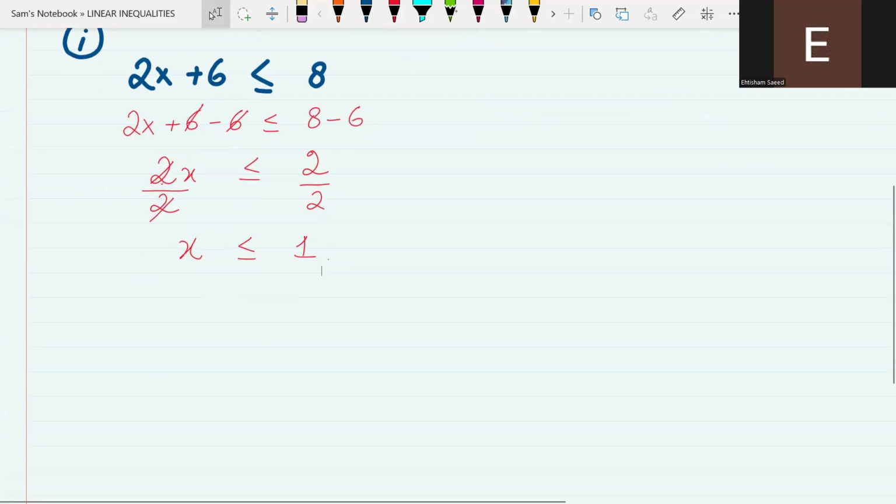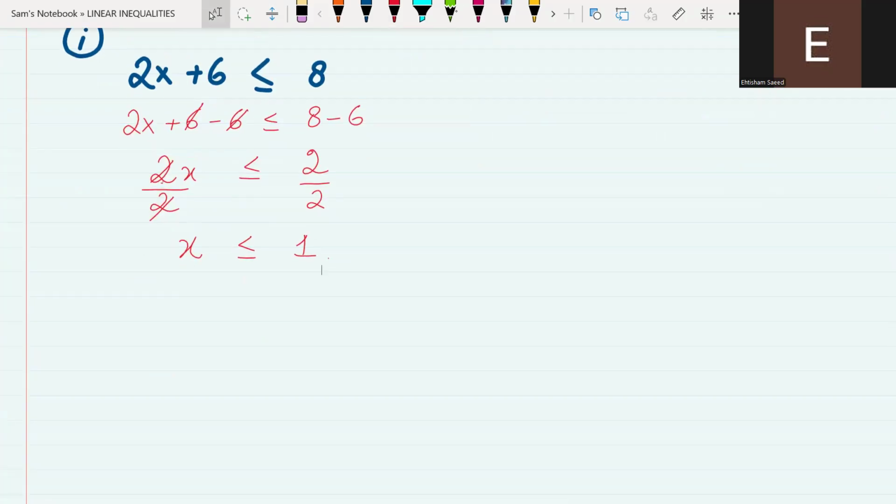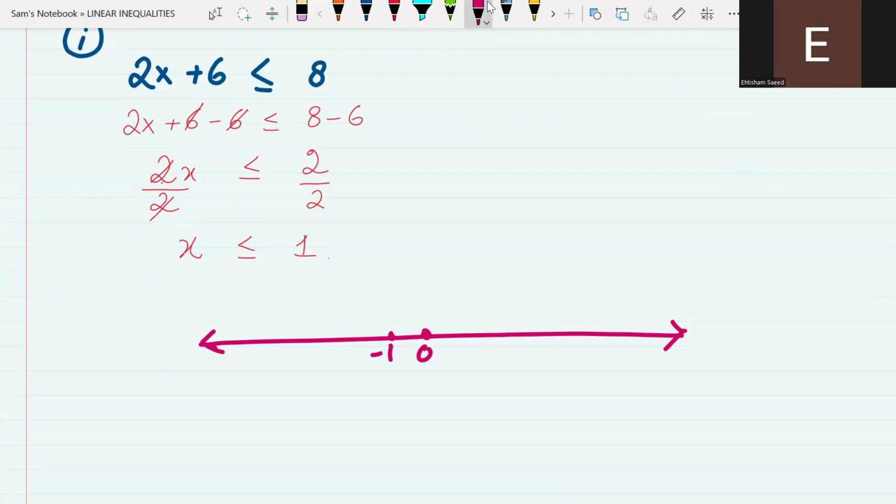One more thing. When we draw it on the number line, for instance, this is the number line and the center point is 0. This is 0, this is minus 1 and this is plus 1. Here they are saying x is less than or equal to 1.